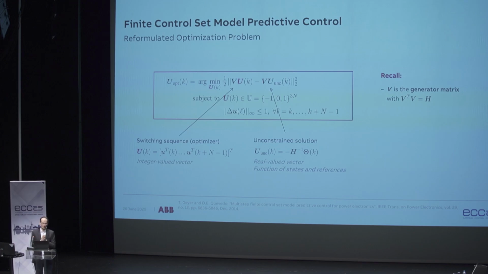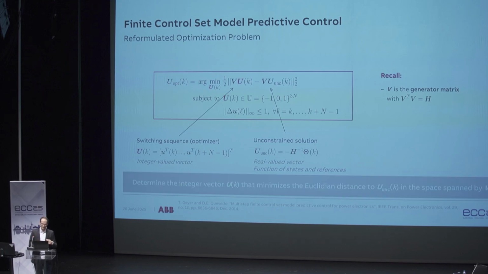And the unconstrained solution simply arises from neglecting the switching, assuming you can apply any decision variable, so you make it real valued. If you then minimize it, then the unconstrained solution would be the optimal solution. So what we try to do here is we need to minimize the Euclidean distance between the decision variable and the unconstrained solution in the space generated by the so-called generator matrix, this matrix V.